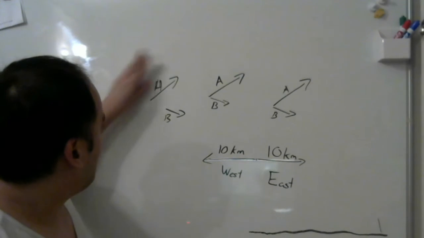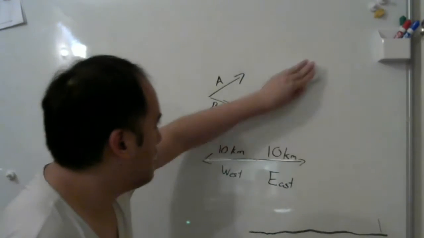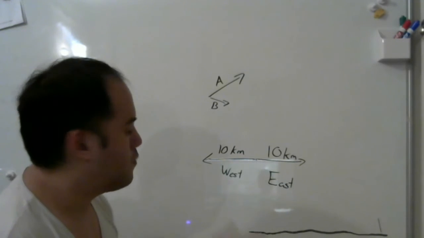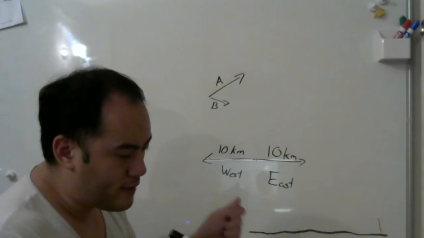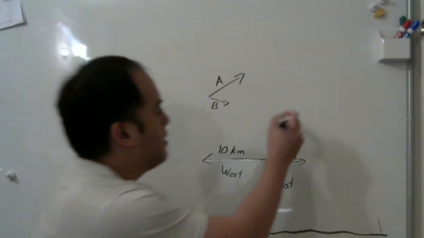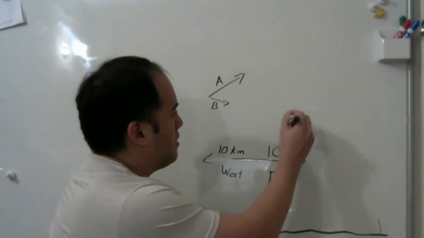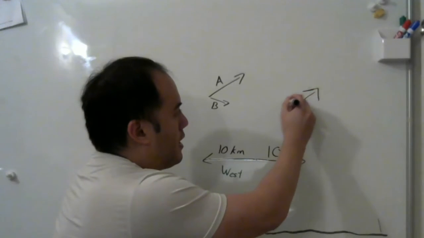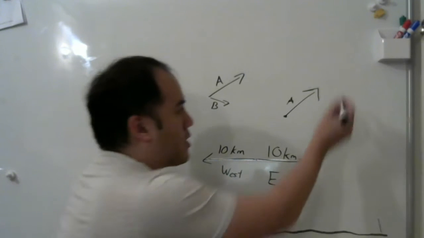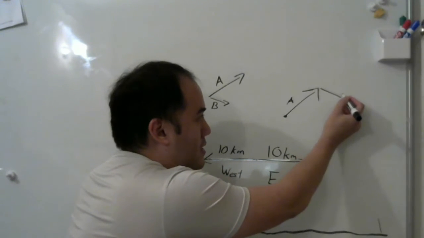So, well, imagine you're following directions. Imagine you have a treasure map. It says walk along vector A and then walk along vector B. I can start here. I'll walk like this. That's vector A. And then I'll walk from there like this.